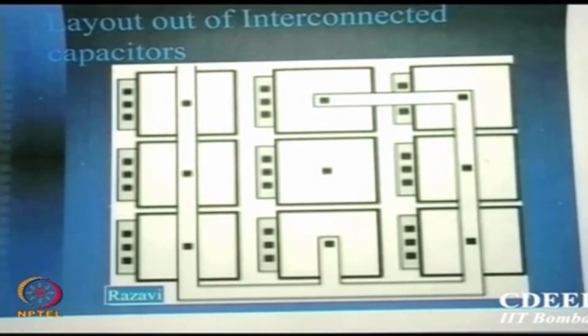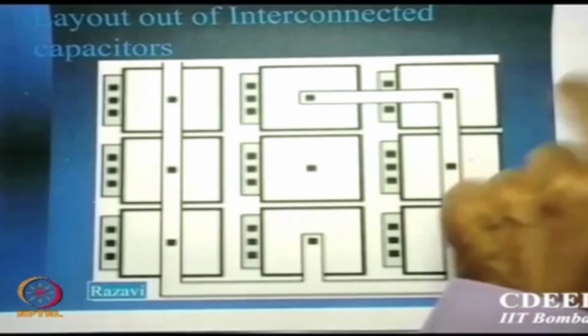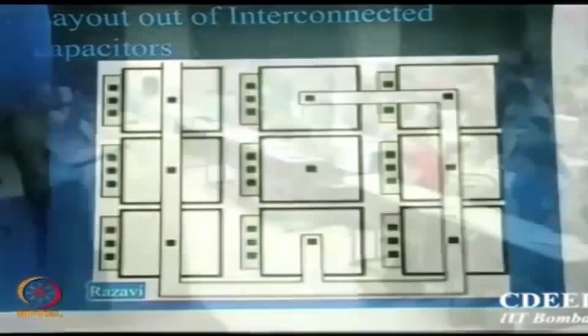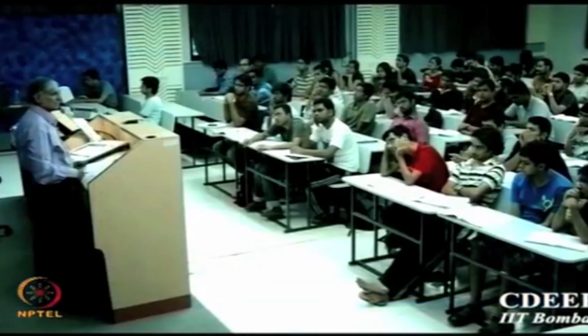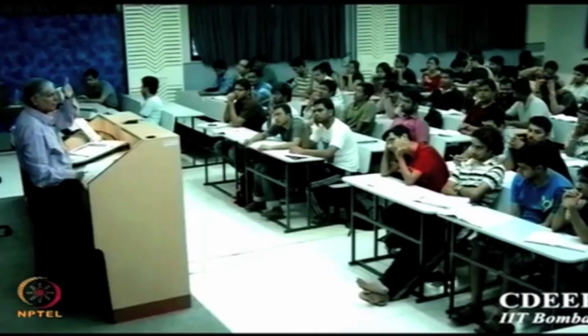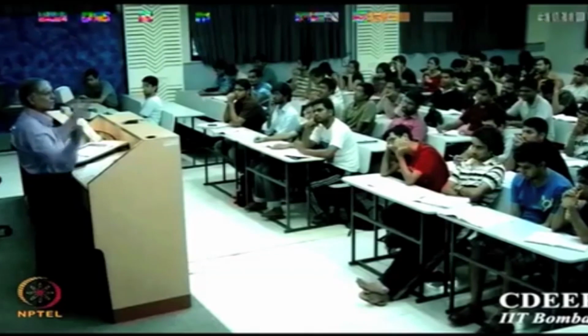Now, all that I have not shown, and even Razavi has not shown, is that you need dummies everywhere. All areas must have dummies put all around. So 8 of them and a further 8 of them around, just to keep them identical to each other. Is that clear to you? This is something not shown, but please remember every side should have equivalent dummies: top, bottom, side, everywhere.